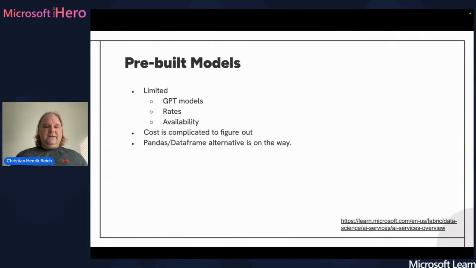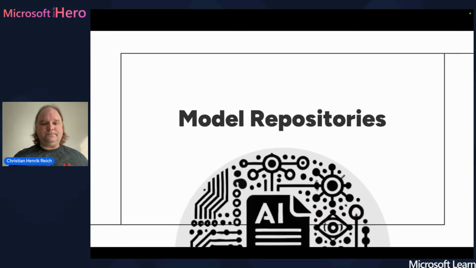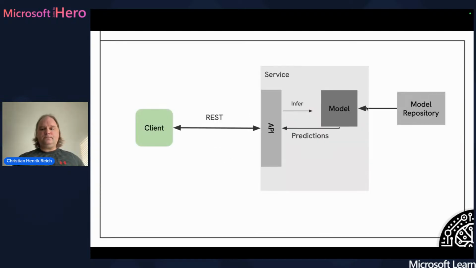That was an example. We also have the term of pre-built models. It was something introduced in the beginning. It hasn't evolved since. I think it will fall out. It was like an internal OpenAI for Fabric. So model repositories.